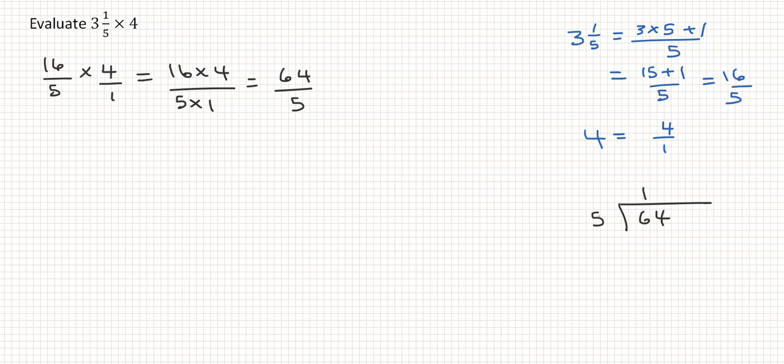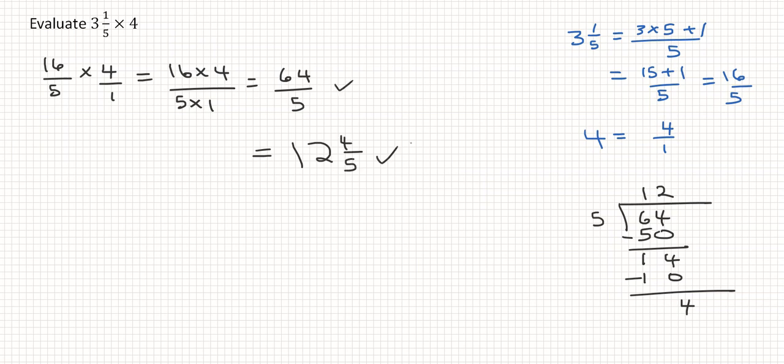We have 1. 1 multiplied by 5, we have 5. And then we put a 0 here, and then we're left with 14 when we subtract. 14 divided by 5, we have 2. 2 times 5, we have 10. And then we subtract, we're left with 4. So this is going to give us 12 4/5. So either one of these answers should be acceptable.